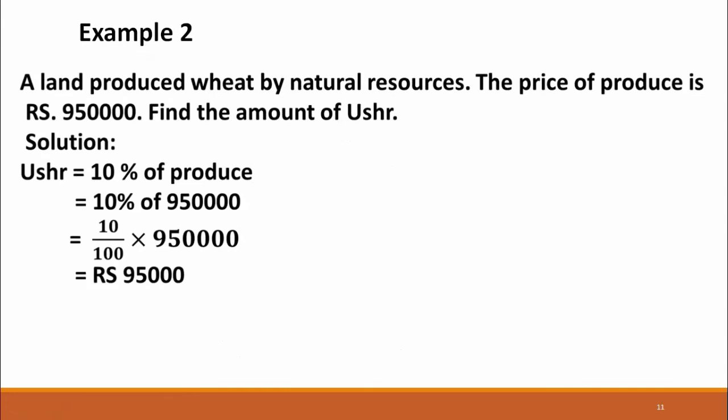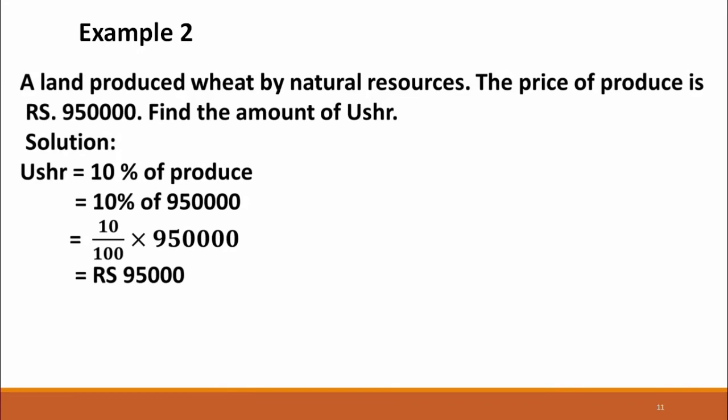Now, a land produces wheat by natural resources. In this question, it is also given that the land is irrigated by natural resources. The price of produce is Rs 950000. Find the amount of Ushr. So, dear students, this is very important. In the problem, first of all, note whether the land is irrigated by natural sources or by artificial sources.